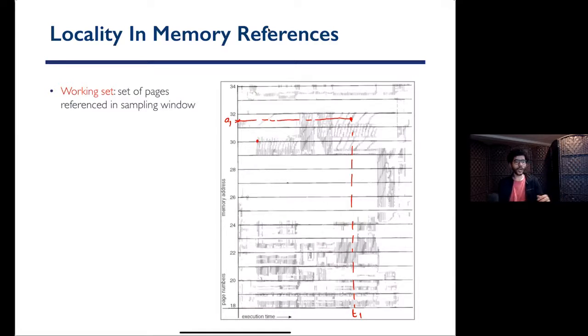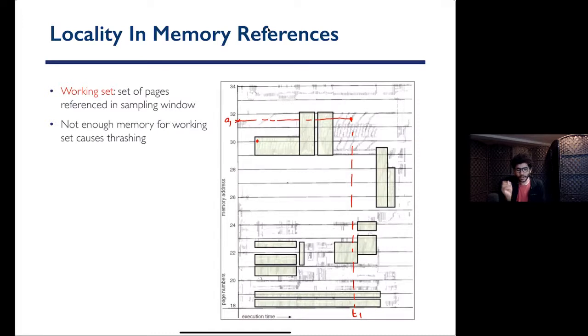So for every access, I tag it with the time that access happened, and then I plot the scatter plot to see which addresses have been accessed at which times. Now, what I can do with this is to then draw these rectangles around these black regions, which have a lot of points.